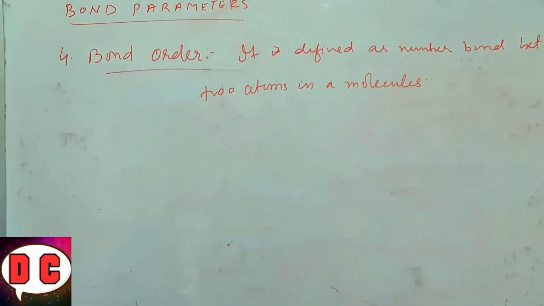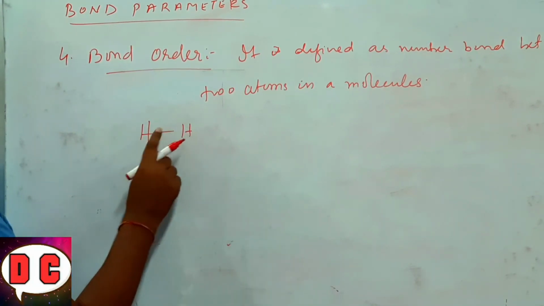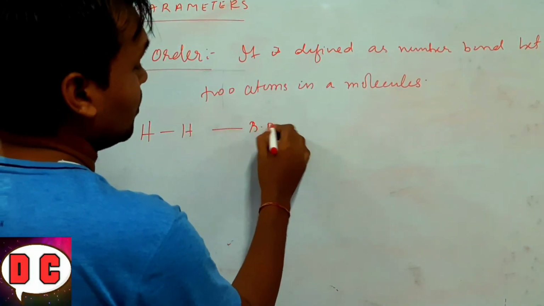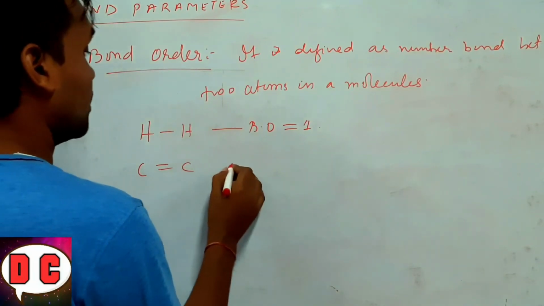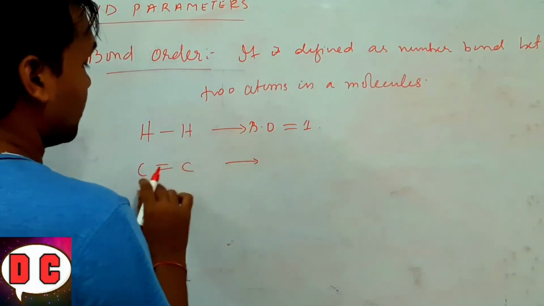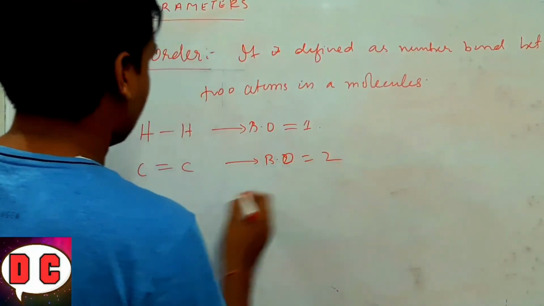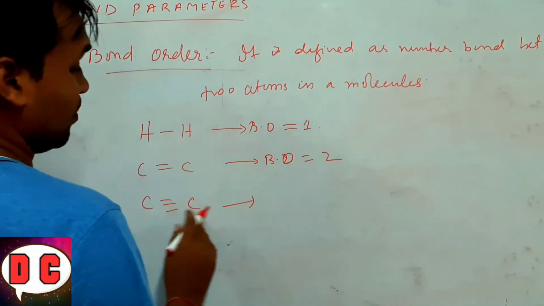So for example, here hydrogen, how many bonds are there? 1. So bond order will be equal to 1. Suppose carbon double bond, what is the number of bonds between carbon and carbon? 2. So bond order here will be equal to 2. Carbon triple bond, then what will be the bond order here?